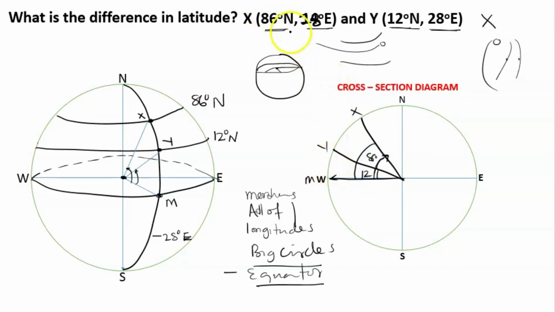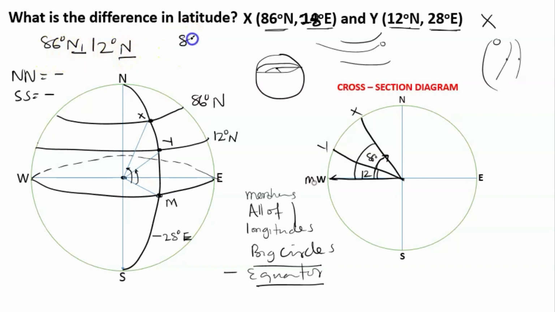So how do I get this angle? Then I'll check. This is north, this is north, so their direction is the same. I'm having 86 degrees north and 12 degrees north. You see the direction is the same. And from our code, north we minus, south we minus. Once you have the direction to be the same, you subtract. When the direction is different, you add. So in this case we are subtracting because the direction is the same.